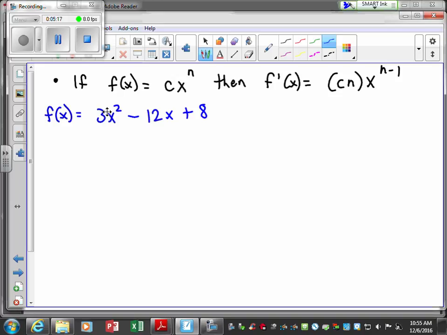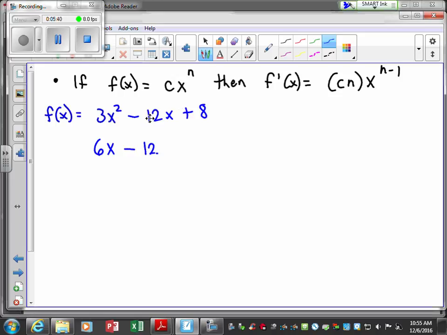So if I took the derivative of this particular function term for term, I have that 3 that's just already there. So if I covered up the 3, I would say 2 x to the 1, right? So I say 2 times 3 is 6. x to the 2 minus 1 is just 1. Here, I have minus 12 because there's a known 1 here.